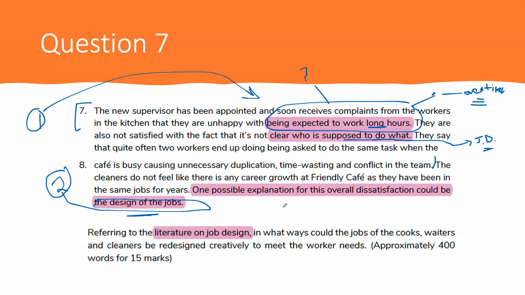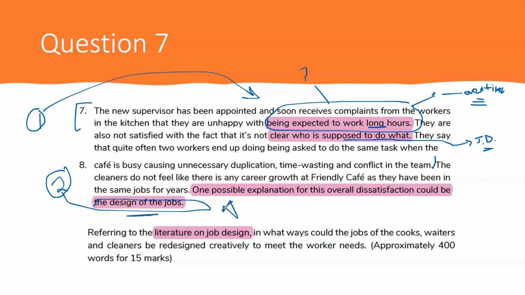So job design is important because of this and this and this reasons. Based on what the case study presents, it is not clear that the jobs were designed appropriately, something like that.